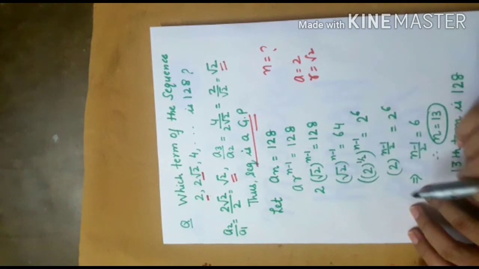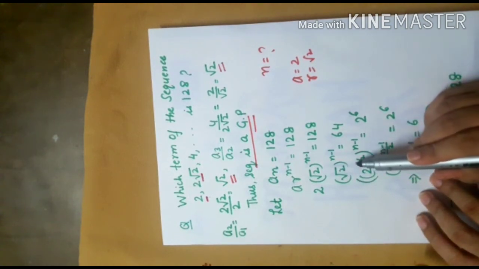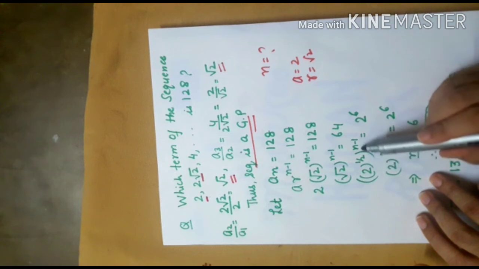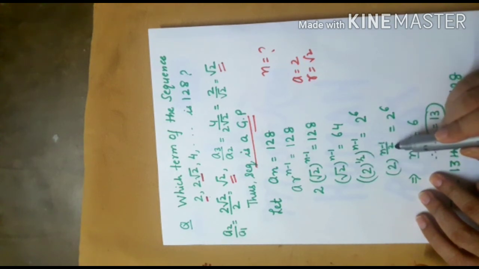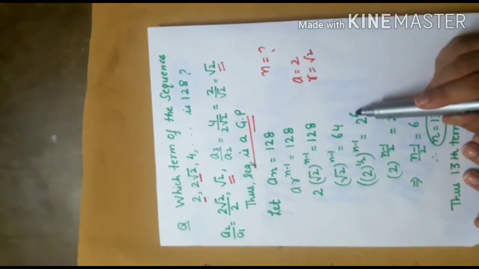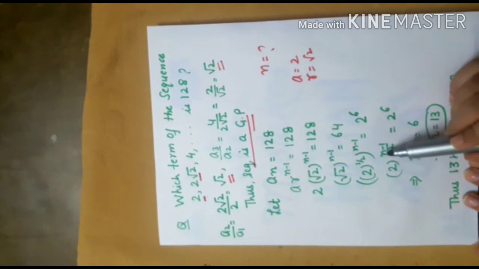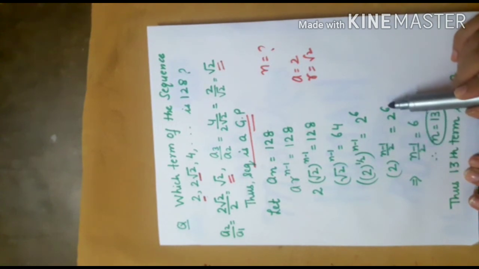128 over 2 is 64. Now square root of 2 can be written as 2 raised to the power 1 by 2. So by laws of exponent, it will be 2 raised to the power n minus 1 over 2. And 64 can be written as 2 raised to the power 6.